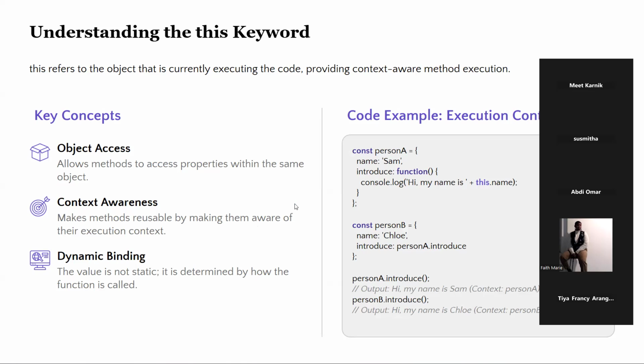And similarly, if we see the object instantiation for personB, and we call the introduce method, the output would most probably be: hi, my name is Cole. So the important thing to remember is that this is not fixed to where the function was originally written.